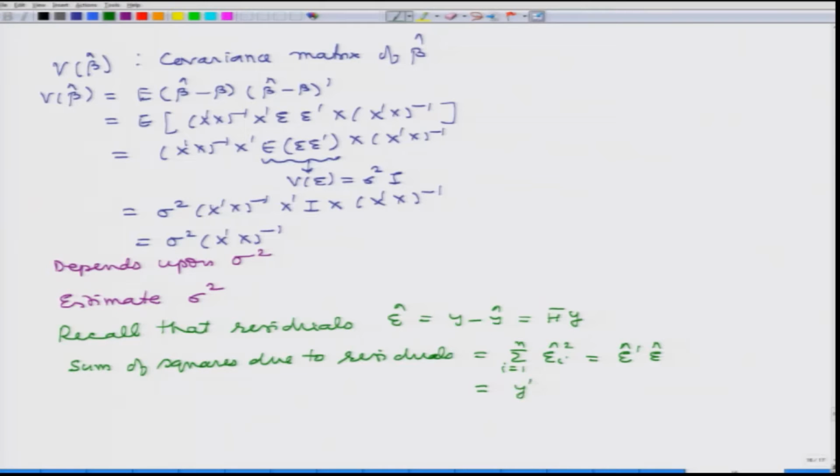So I can write y transpose h bar y, and since h bar is an idempotent matrix, this is y transpose h bar y, right.